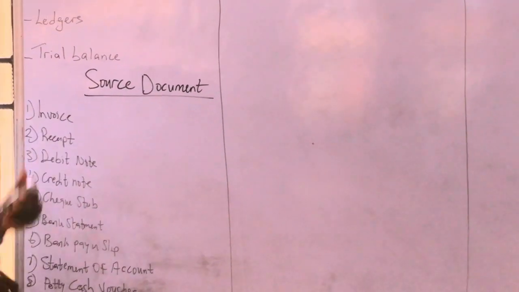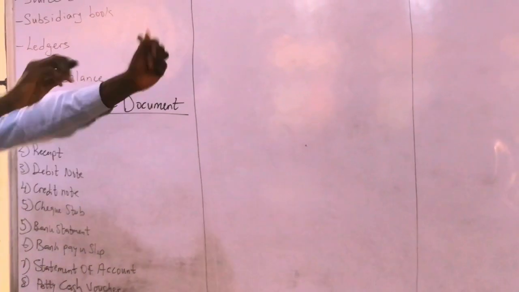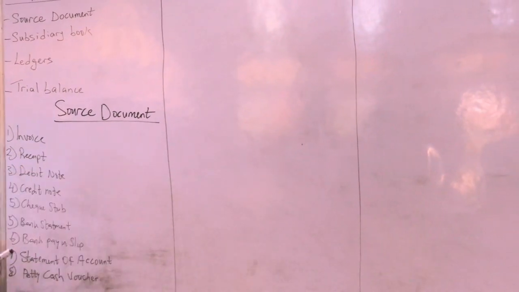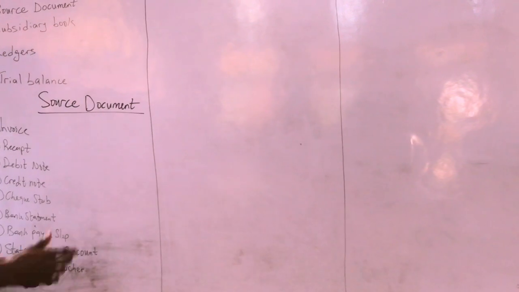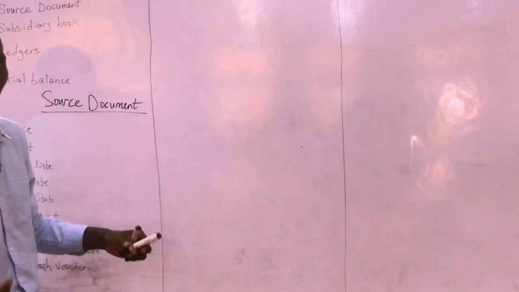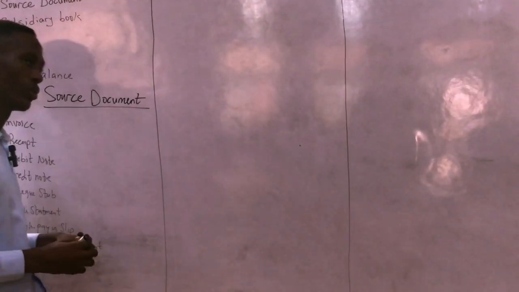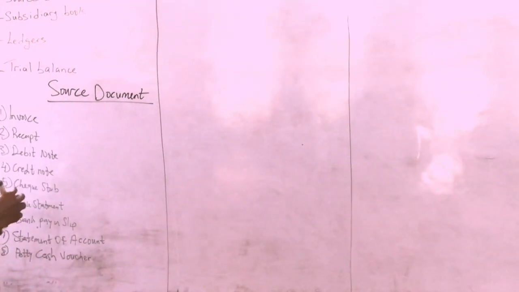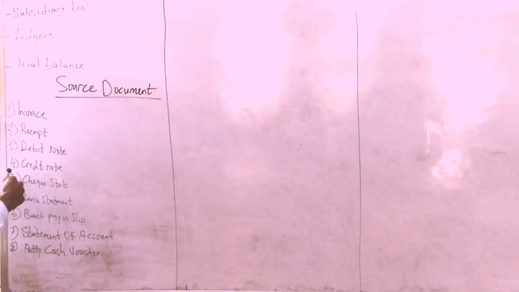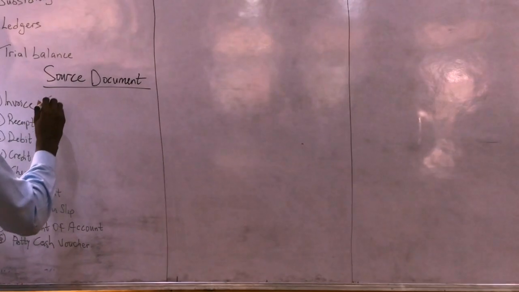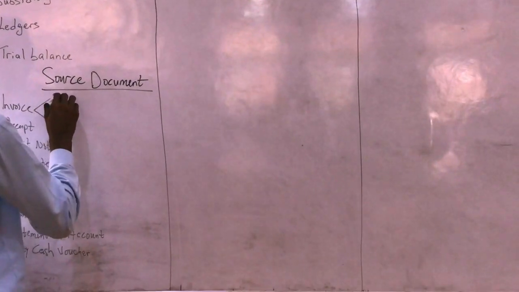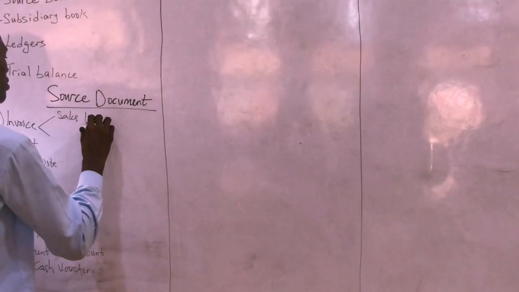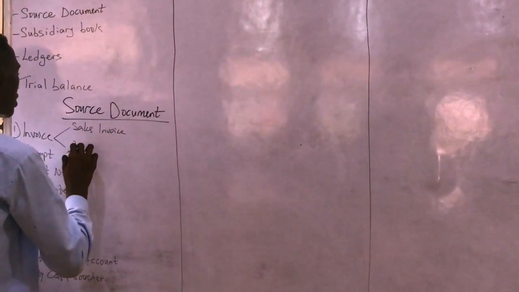Let me just explain a few of these types. I won't need to explain all; it's something you can go and read yourself, and if you need any materials on this, I'll be willing to send them to you personally. The invoice is used to record credit transactions, that's why we have sales invoice and purchases invoice.